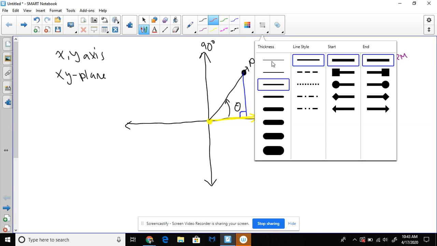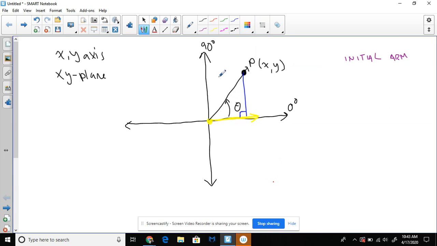In terms of labeling the sides, for example, what is the value of this side and what is the value of this side? If this is a coordinate (x, y), then I know this coordinate here is x. And what's this coordinate up here? That's y. So this whole distance here is y.